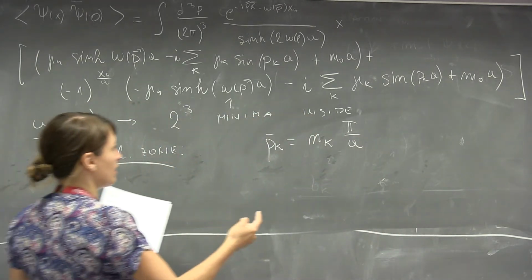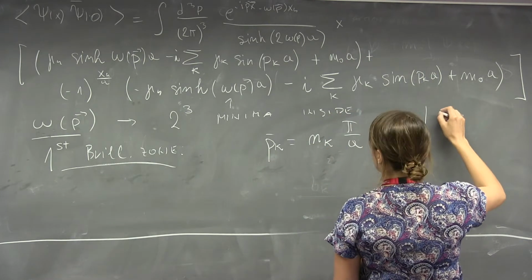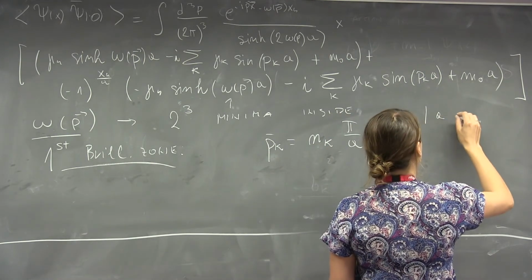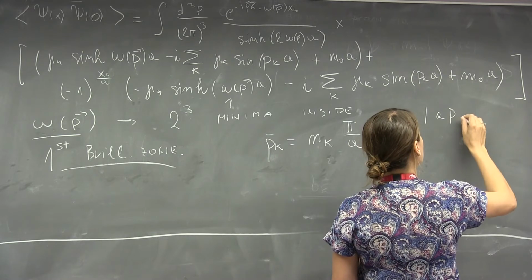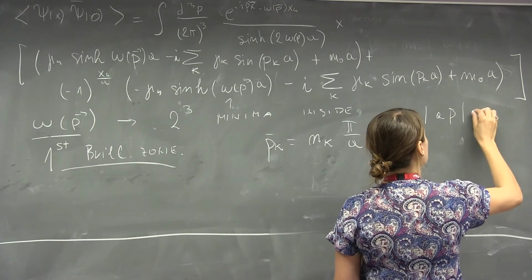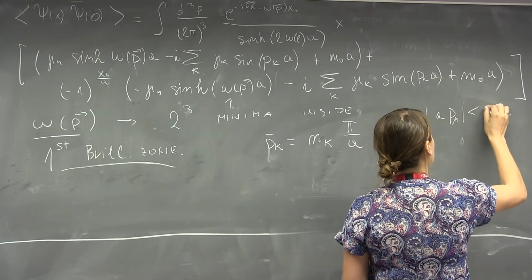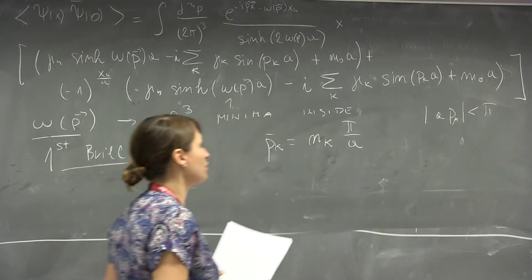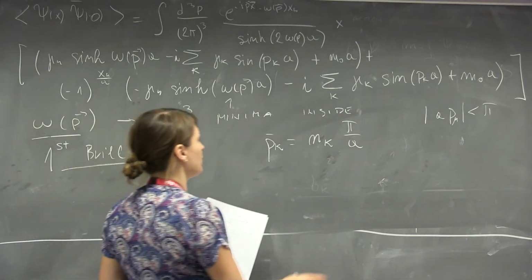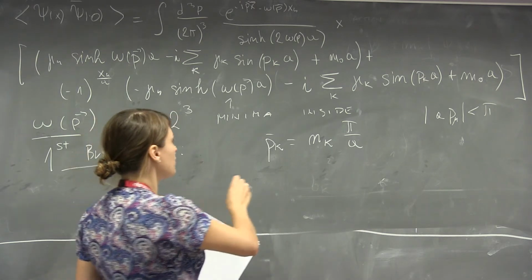So we said again that a times p on the lattice has to be smaller than pi, in order to remain in the first Brillouin zone.